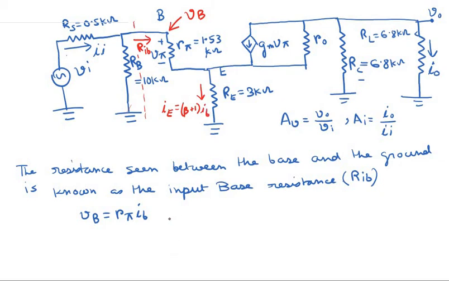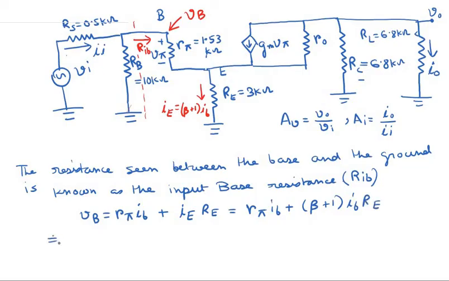Okay, so plus beta plus 1 IB, that is IE, times RE, which is equal to R pi IB plus beta plus 1 IB RE.